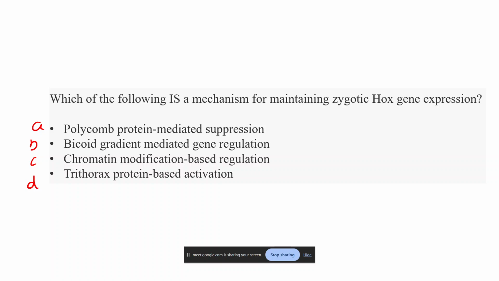B, bicoid gradient mediated gene regulation. C, chromatin modification based regulation. Or D, trithorax protein based activation. The question is, for the maintenance of zygotic Hox gene expression, which of the following mechanisms is followed?